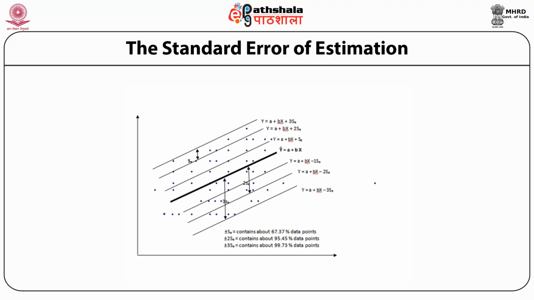So if errors are normally distributed around the regression line, we can say that 67.37% of observations would be in the plus minus 1 standard error range, 95.45% of observations would be in the plus minus 2 standard error range, and similarly 99.73% of data points would be in the plus minus 3 standard error range.